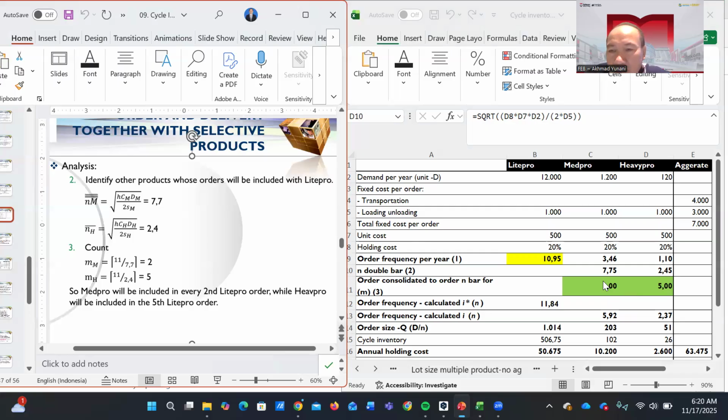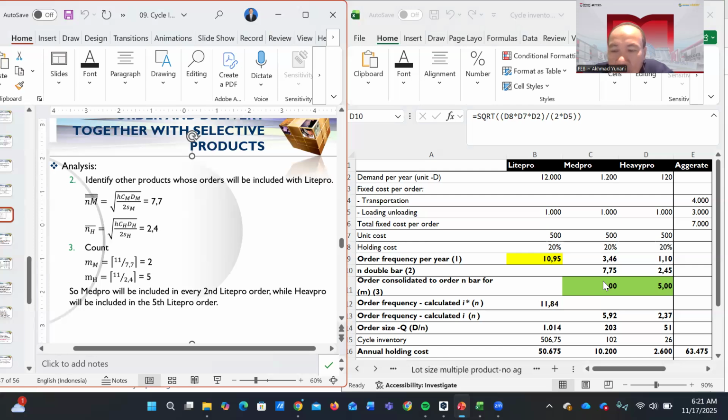In the second order, we will order also Mac Pro, and in the fourth order, we also include the order of Mac Pro. And then the sixth order of Light Pro, we will consolidate the order of Mac Pro until 8 times. This is for Mac Pro.